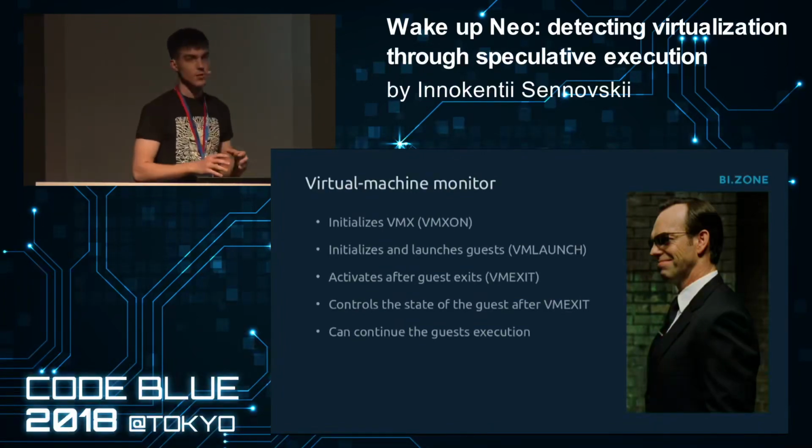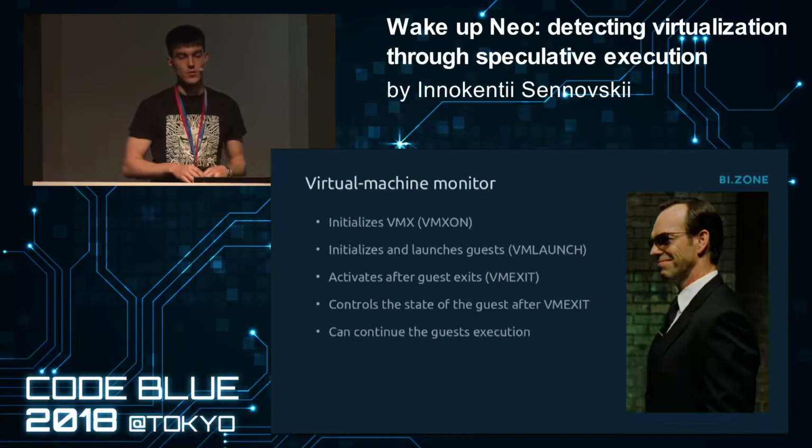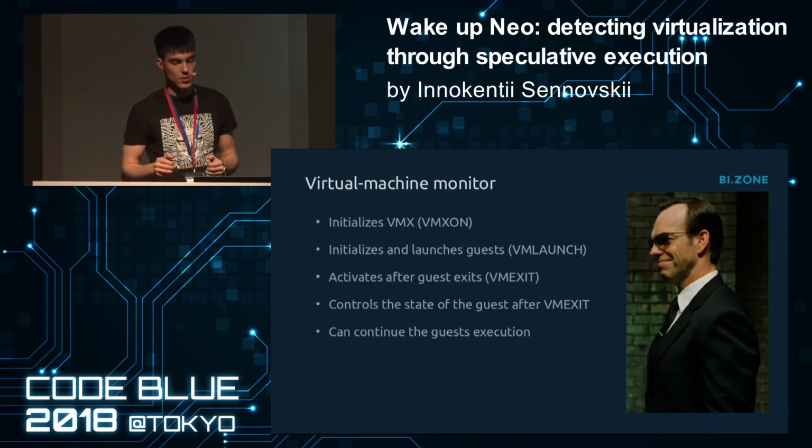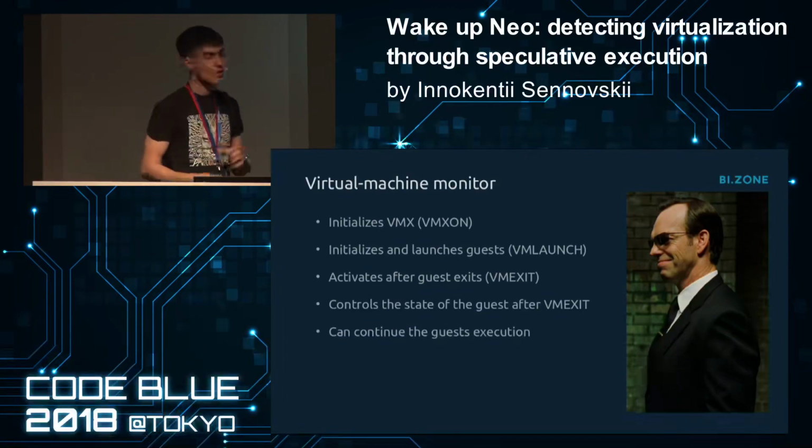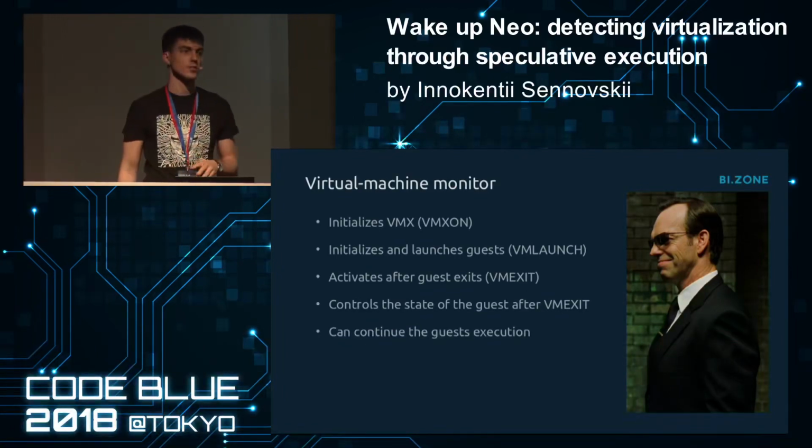Then it sets up and initializes the guests. It can catch the guest when a certain condition is met and stop the execution of the guest. This condition is called a VM exit. After that, it controls the state of the guest and can change the flow of execution. Basically, the virtual machine monitor controls the guest completely.